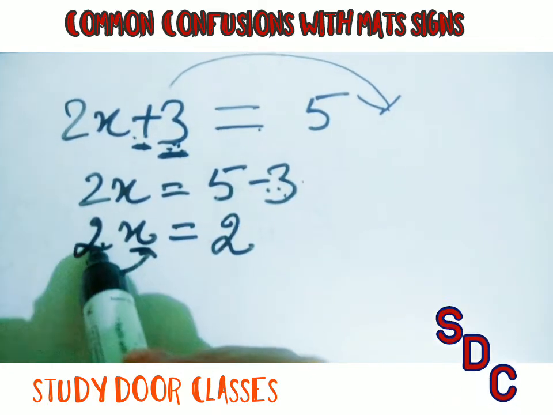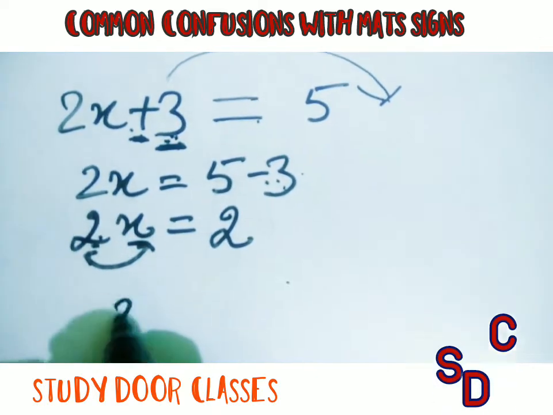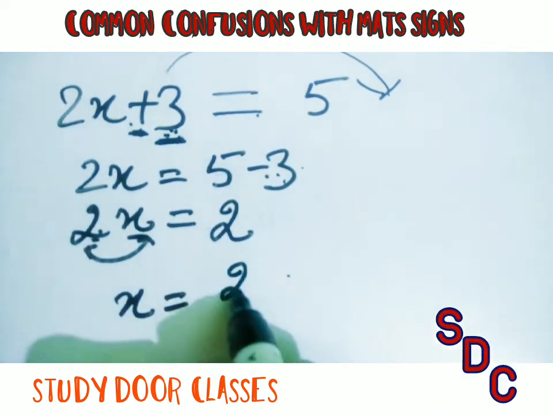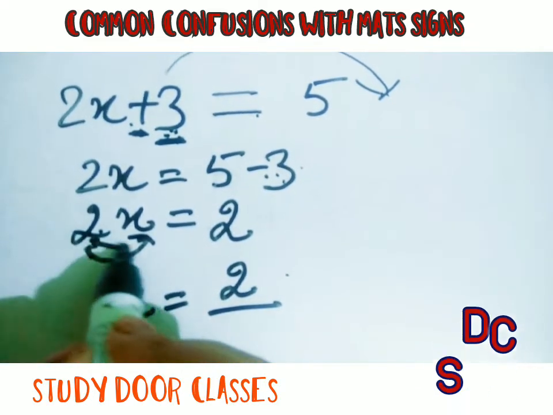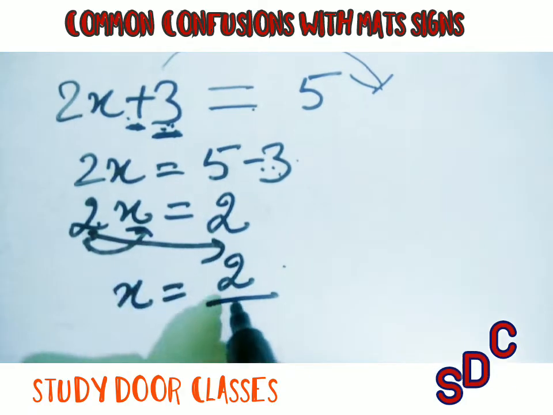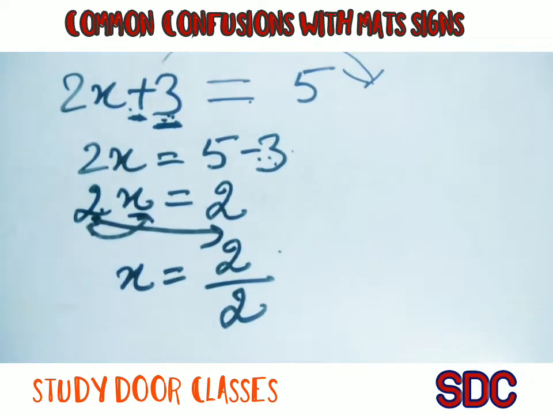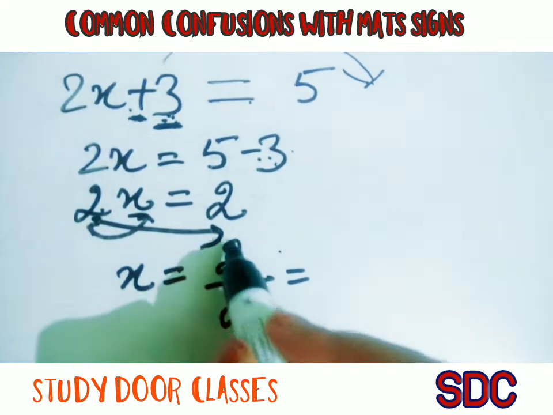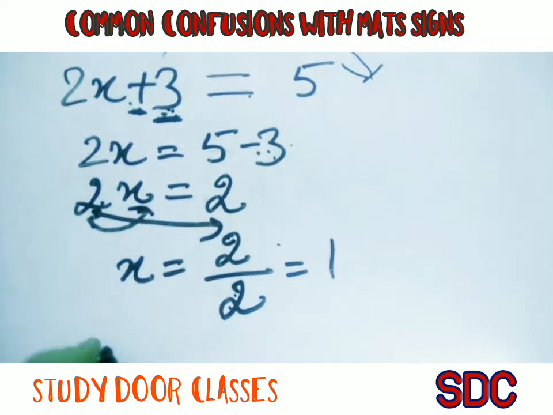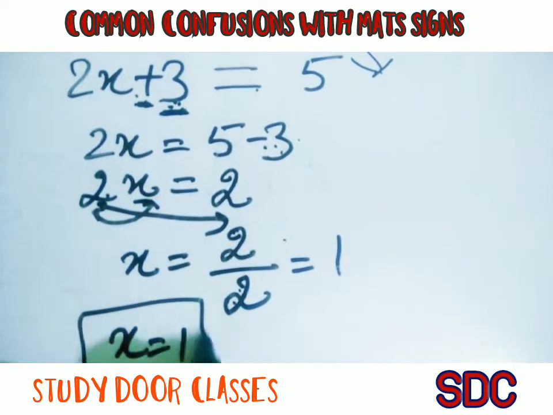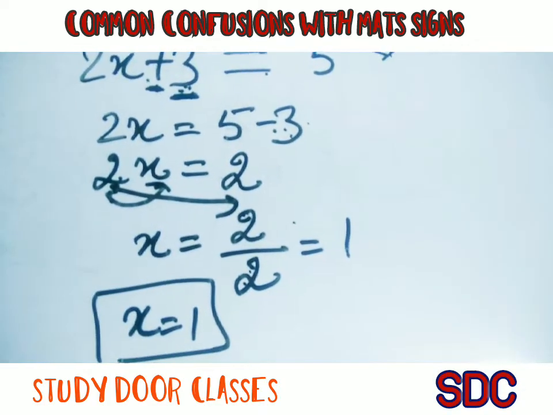So we will take only the 2 to the other side. The 2 changes position and goes downwards: 2 divided by 2 is equal to 1. So the value of x is equal to 1.